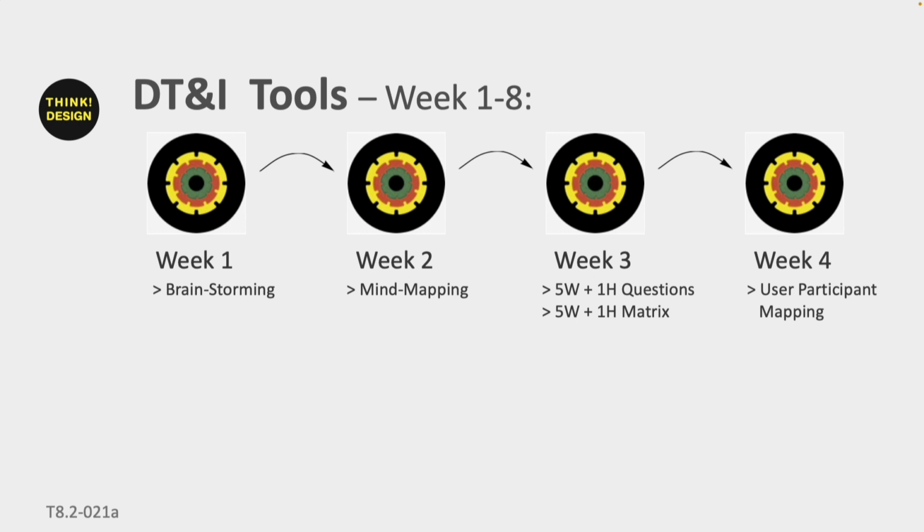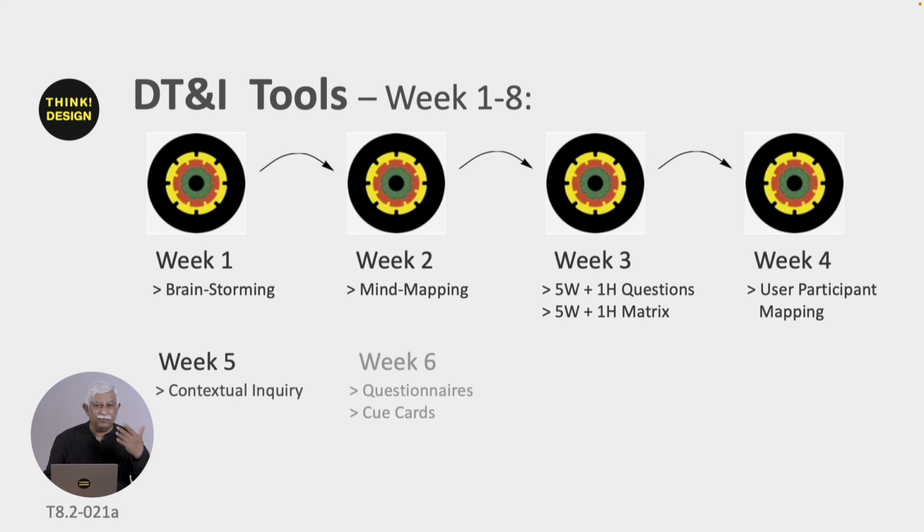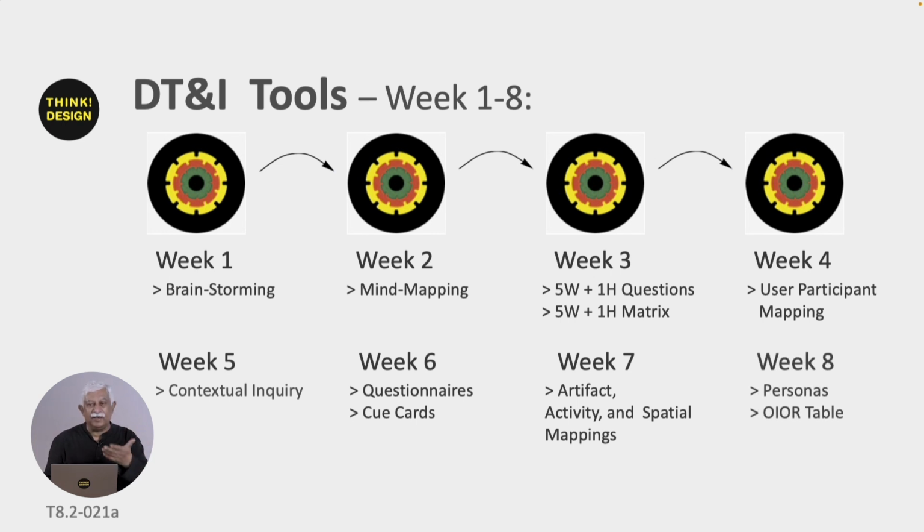Week 4 was making user participant mappings. Week 5 was contextual inquiry. Week 6 was questionnaires and cue cards. Week 7 was making maps: artifact mapping, activity mapping and spatial mapping. And week 8 was personas and the OIOR table. Okay, so that's a lot of tools that you've learned from week 1 to 8.